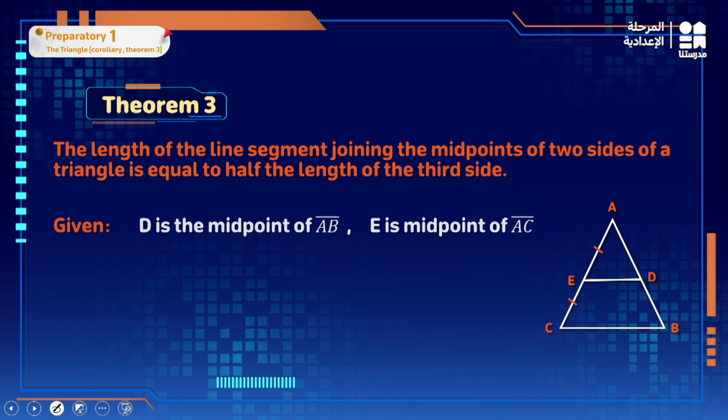The given: D is a midpoint of AB, so DA equals DB. E is a midpoint of AC, so EA equals EC. Required to prove DE is half BC.